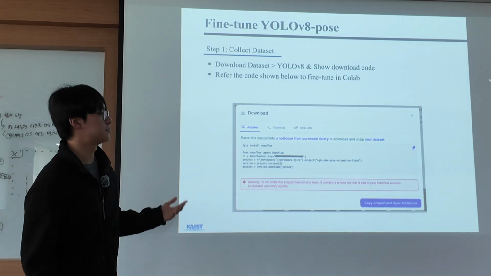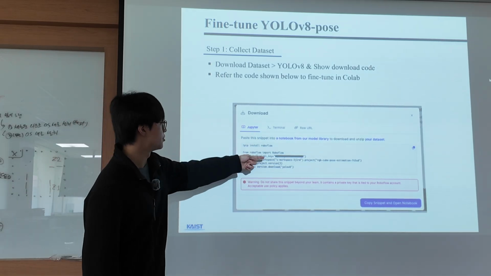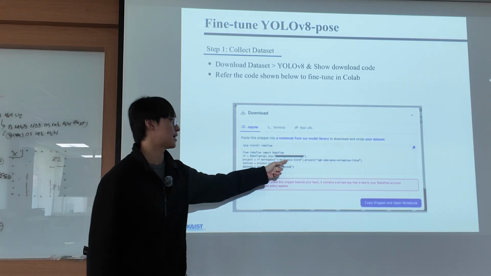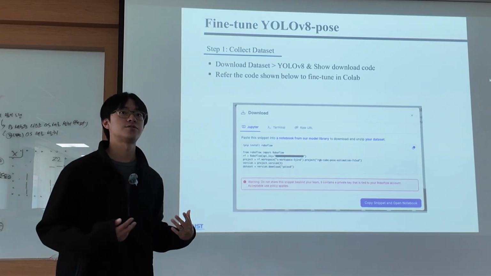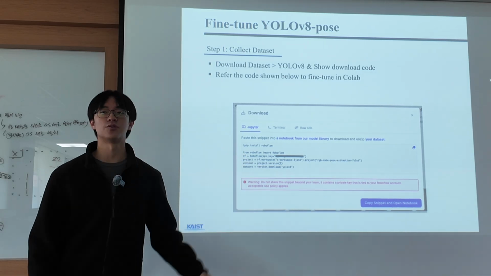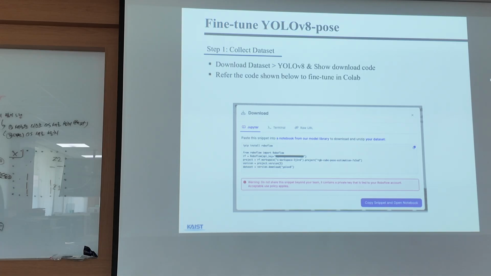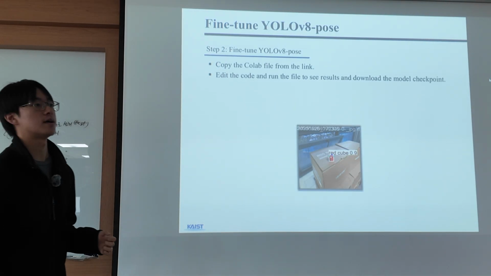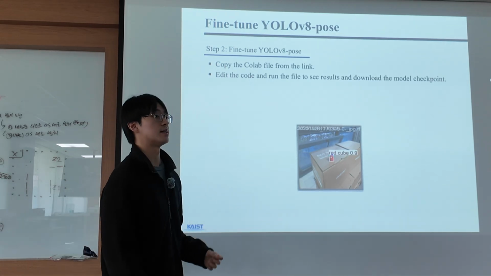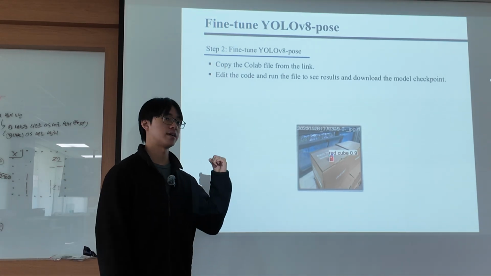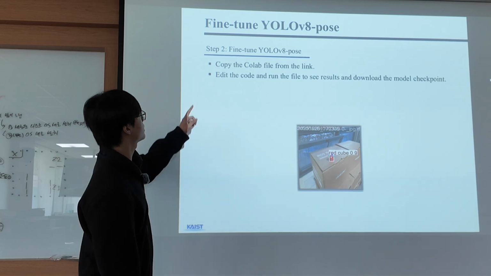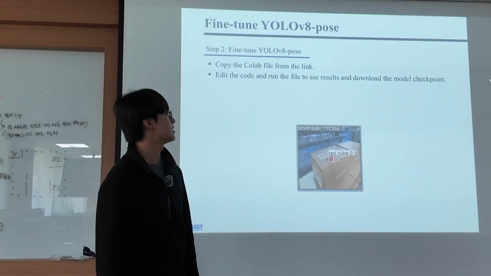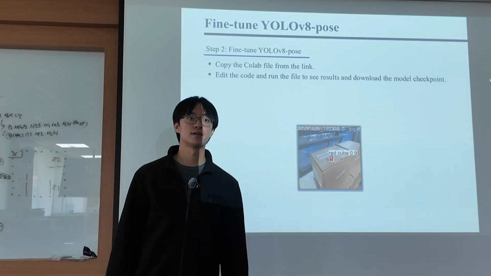You don't have to open a new notebook file, but you should note the API key, the workspace ID, and the project ID to work in your notebook file. We've attached the Jupyter notebook file in the Google Drive in this lecture note. So open it, copy the Colab file from the link, edit the code, and run the file to see results and download the model checkpoint.